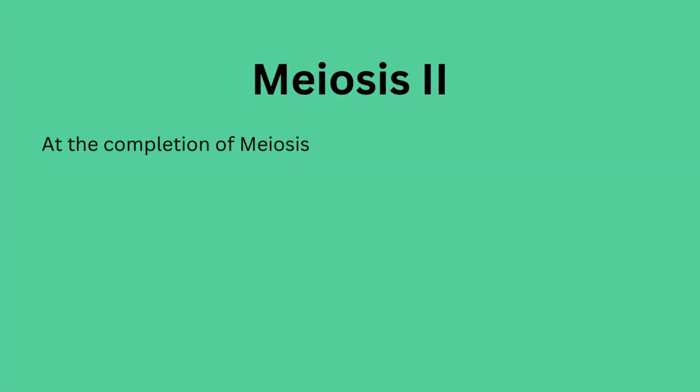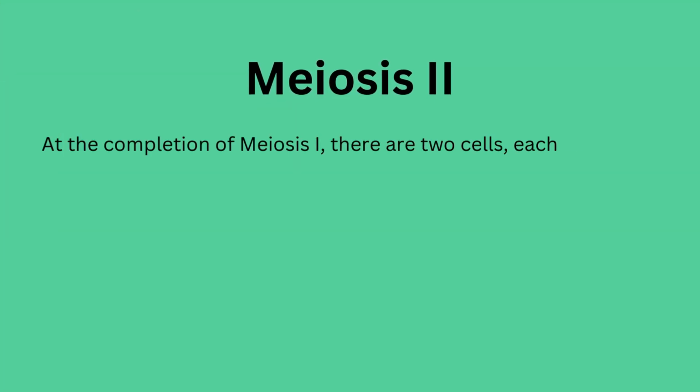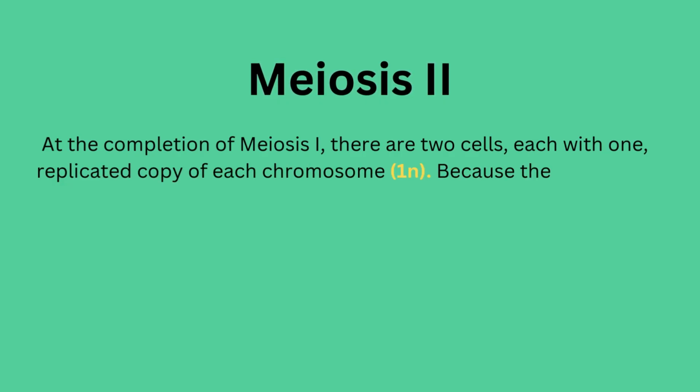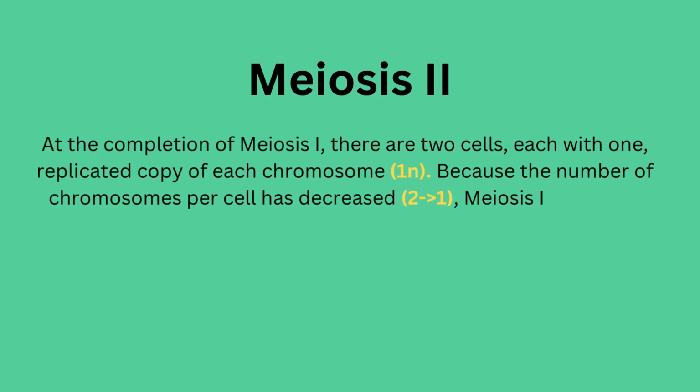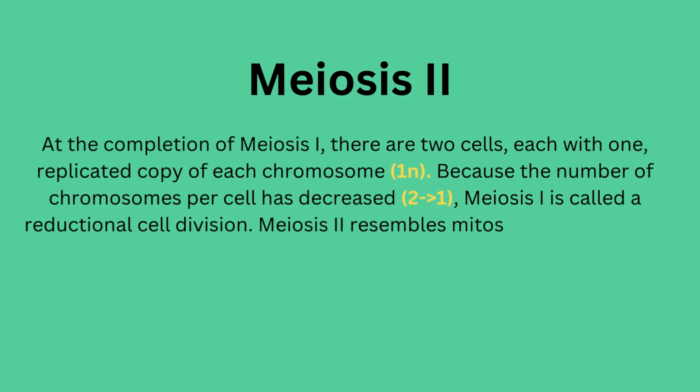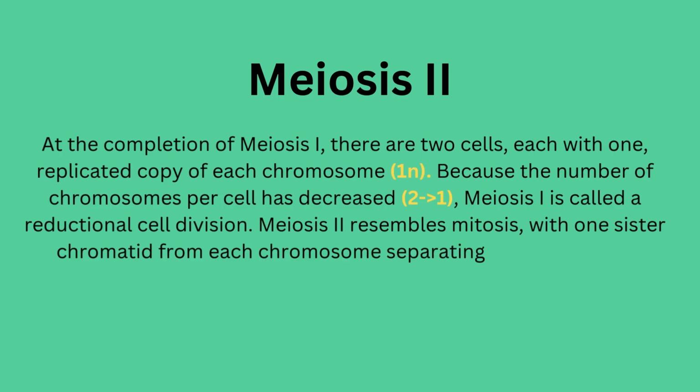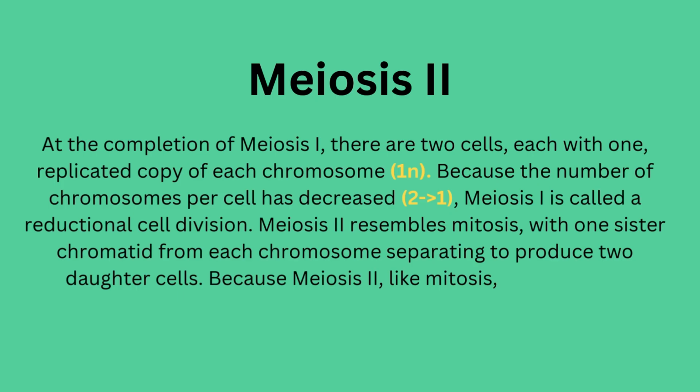Cells move from meiosis I to meiosis II without copying their DNA. Meiosis II is a shorter and simpler process than meiosis I. At the completion of meiosis I, there are two cells, each with one replicated copy of each chromosome, or 1N. Because the number of chromosomes per cell has decreased from 2 to 1, meiosis I is called reductional cell division.